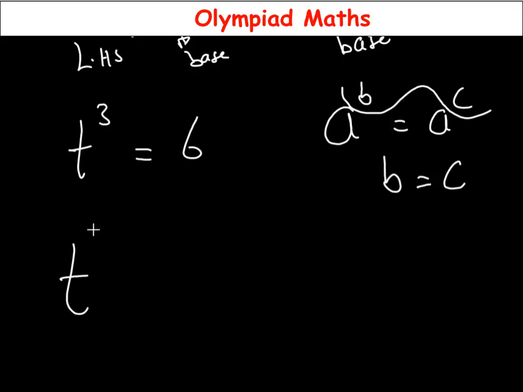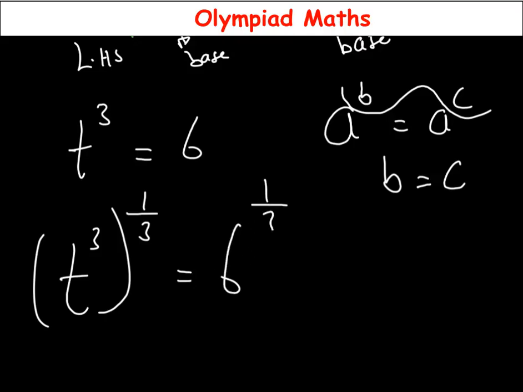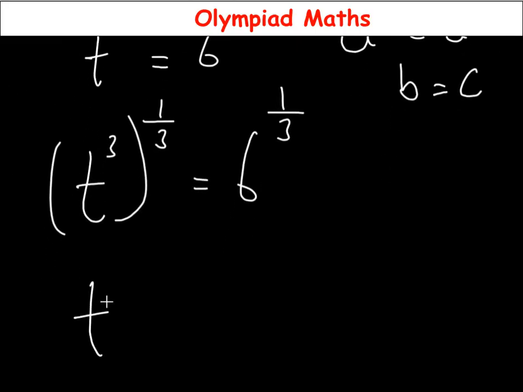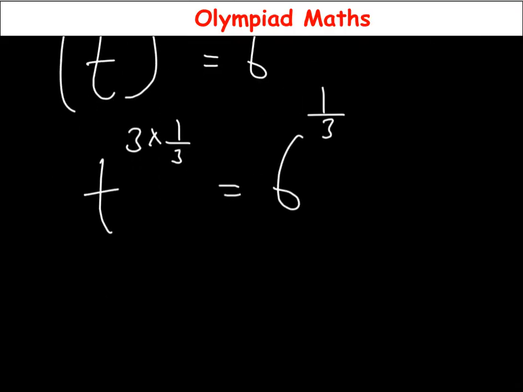So t raised to power 3 multiplied by power 1 over 3 is equal to 6 raised to power 1 over 3. From here, we have t raised to power 3 times 1 over 3, so 3 times 1 over 3 is 1, which gives t raised to power 1 is equal to 6 raised to power 1 over 3.